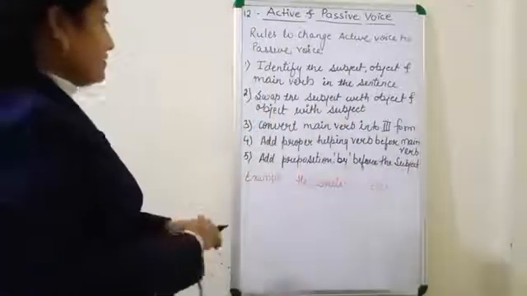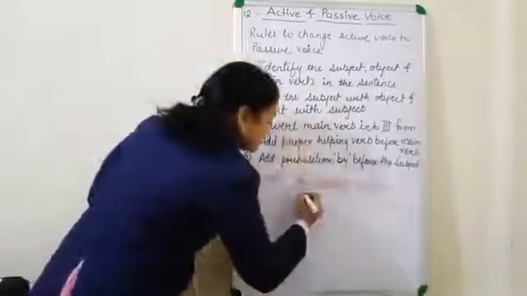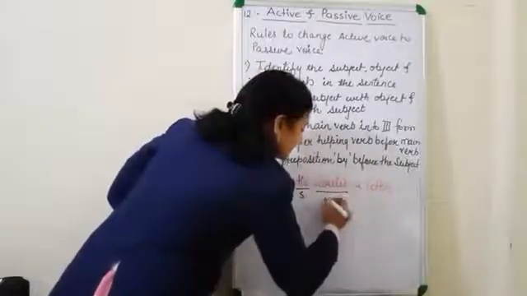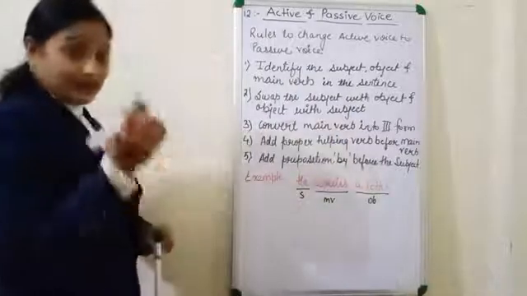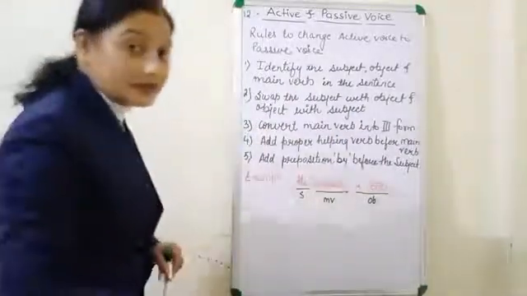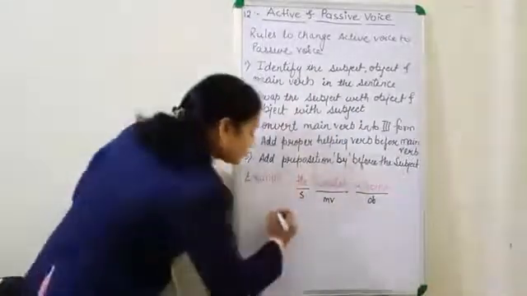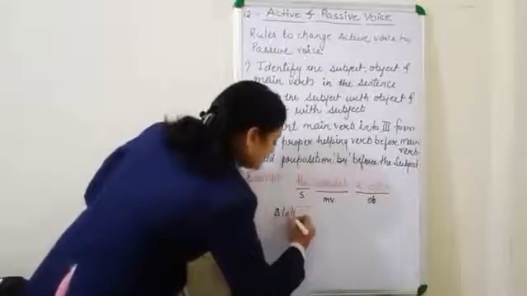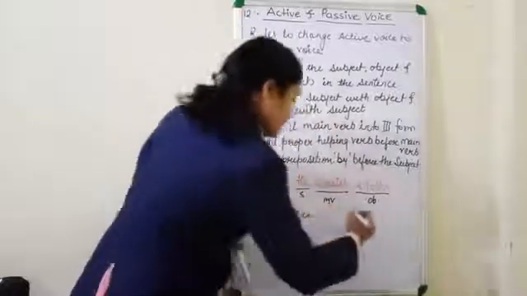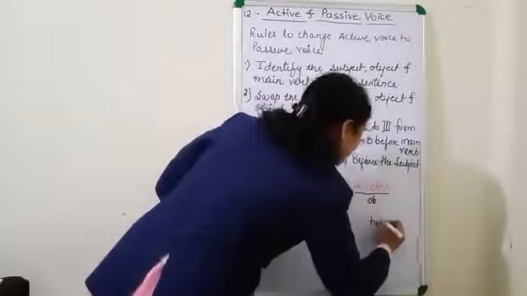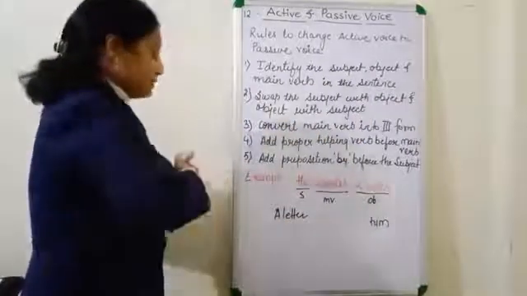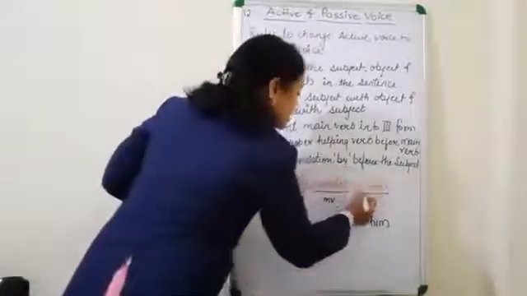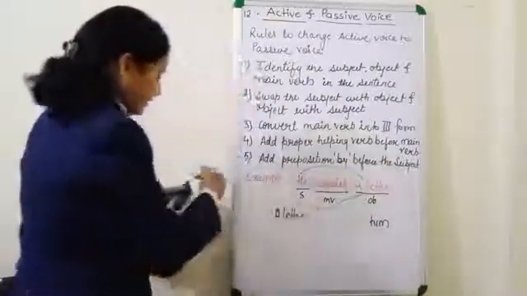Once again, children, identification: subject, main verb and object. Point number 2, reversal, swapping. A letter, he will be changed into him. So what we did, we have simply changed the order.